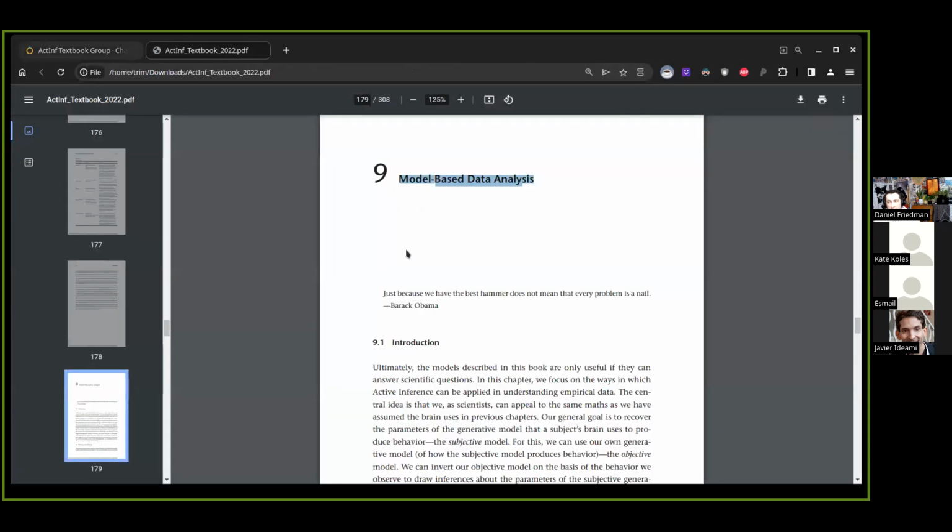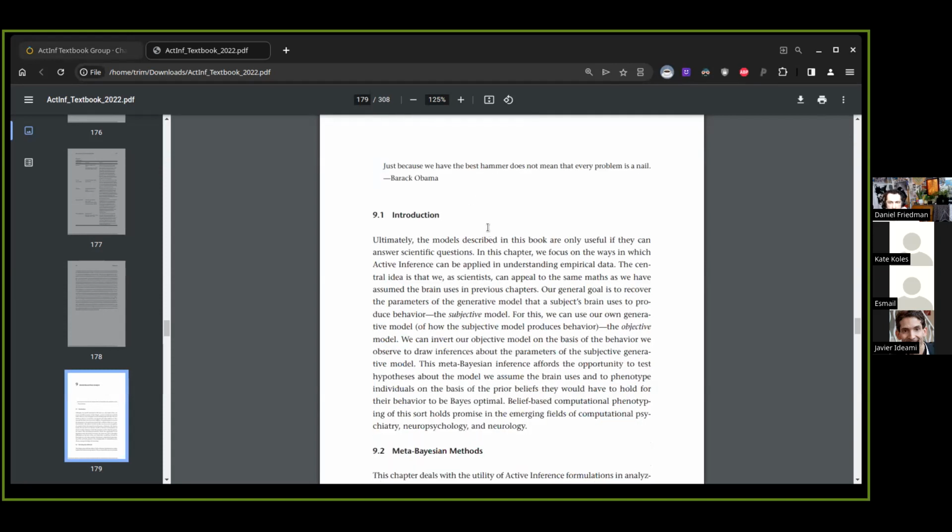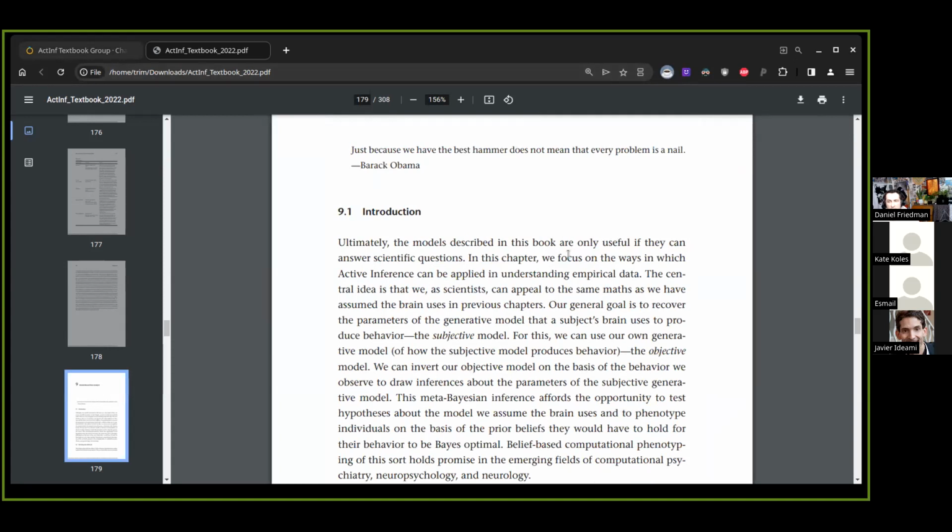And so I hope that we can dive into some of the intuitive and immediately accessible components of chapter 9, because it's going to be a very different tack than the approaches from the previous chapters. So let's get into it. In this chapter, we focus on the ways in which active inference can be applied in understanding empirical data.